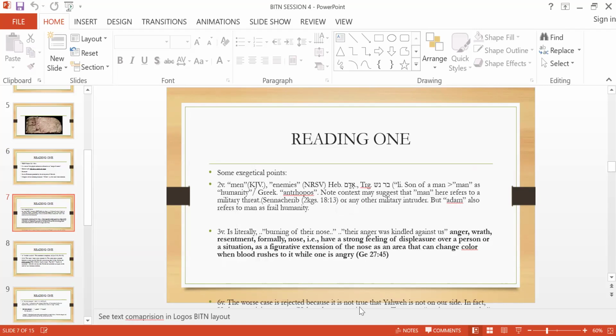Some exegetical, I think, let's try and see, let me pull up the text so it might be a little bit easy for us to follow.